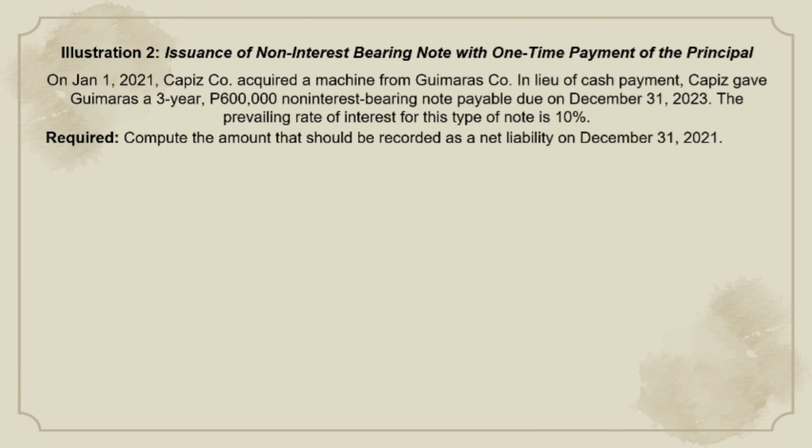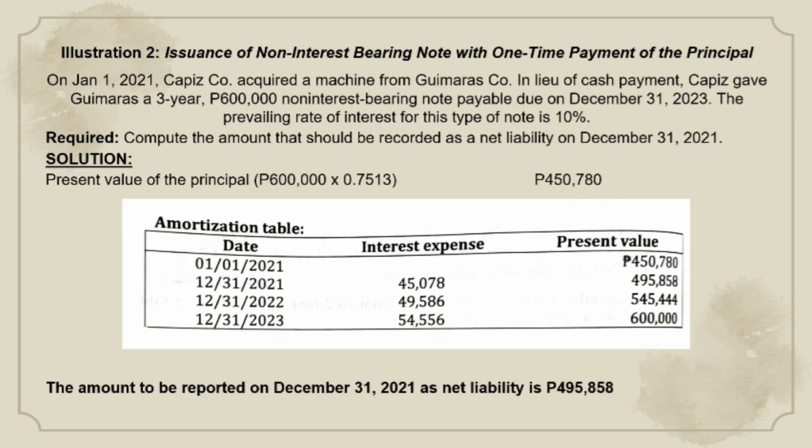Required: compute the amount that should be recorded as a net liability on December 31, 2021.